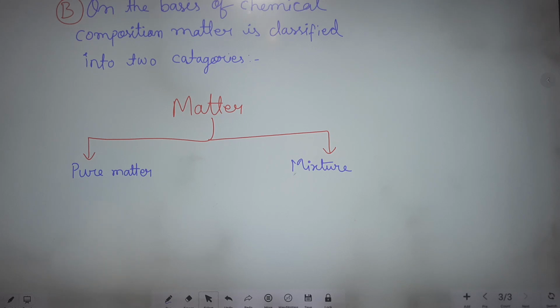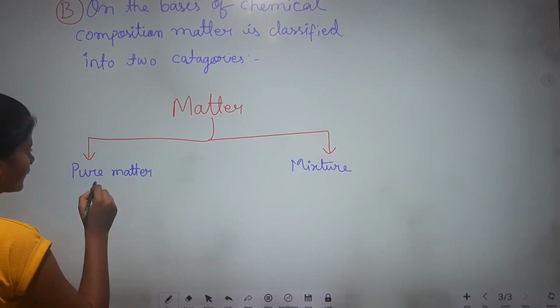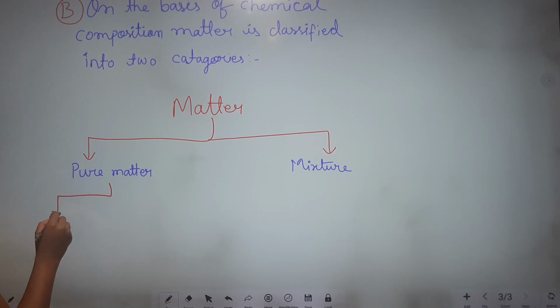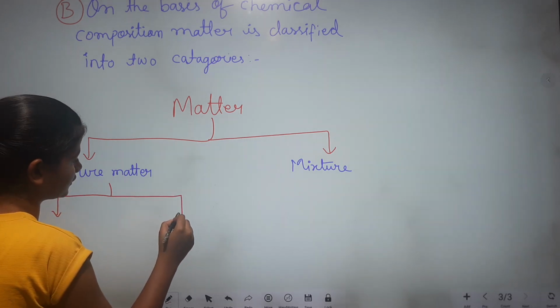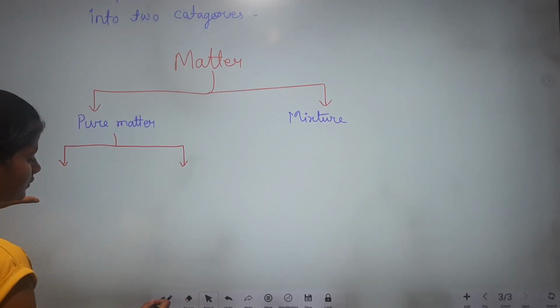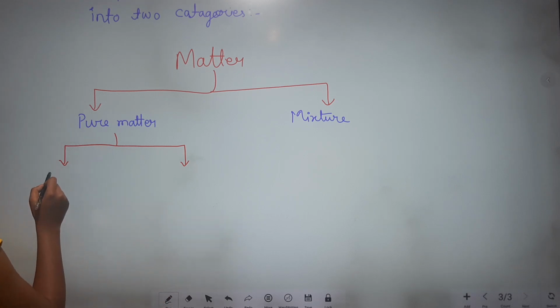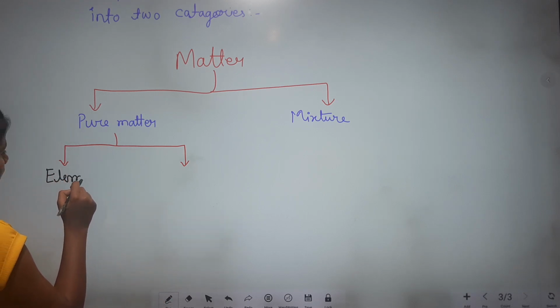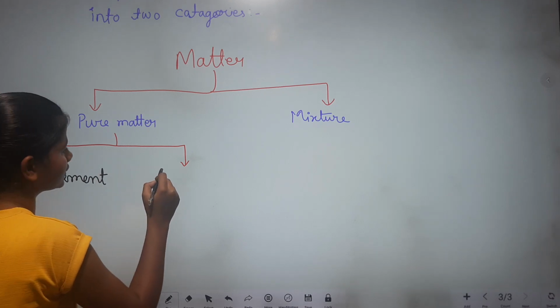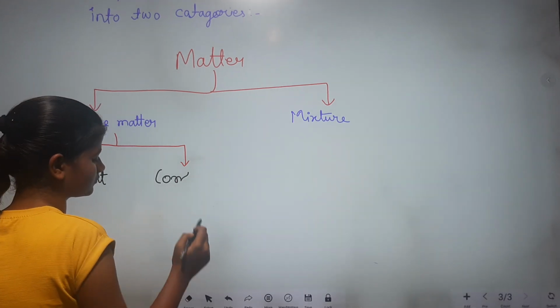Pure matter is also divided into two kinds, element and compound. First one is our element, second one is compound.